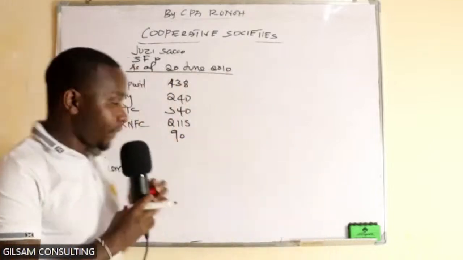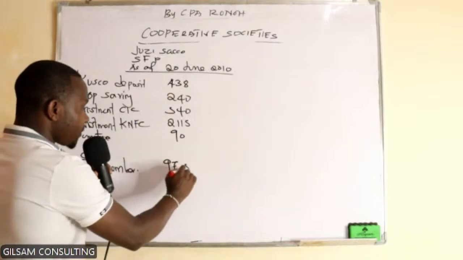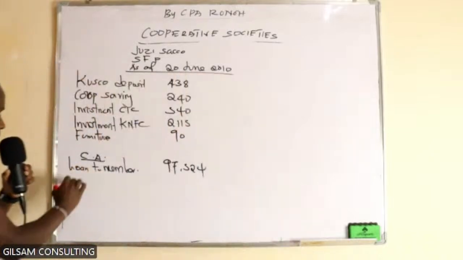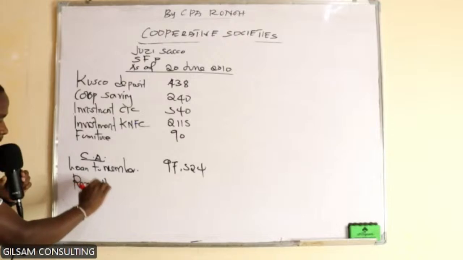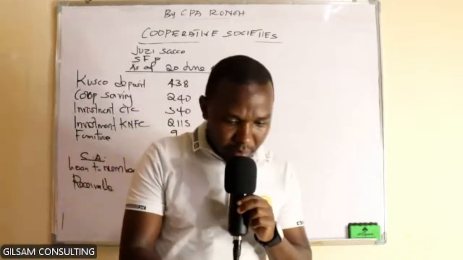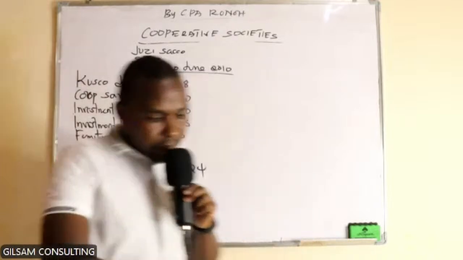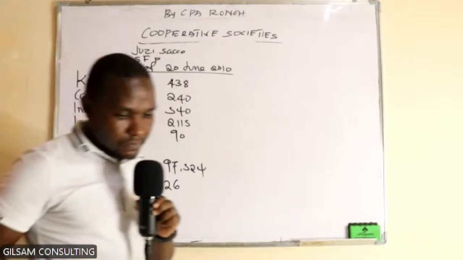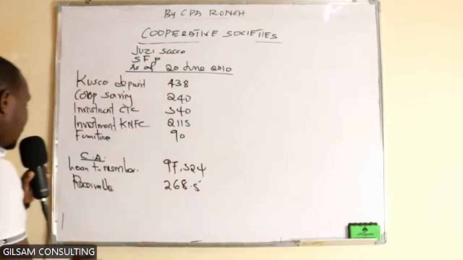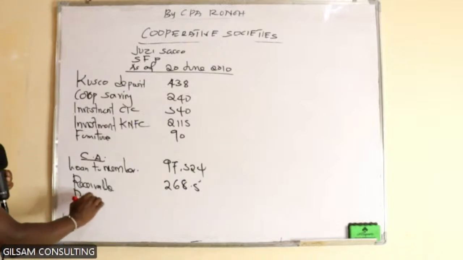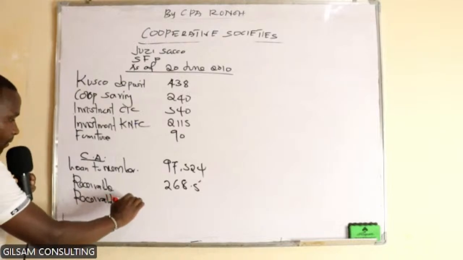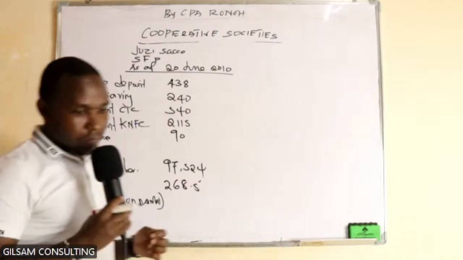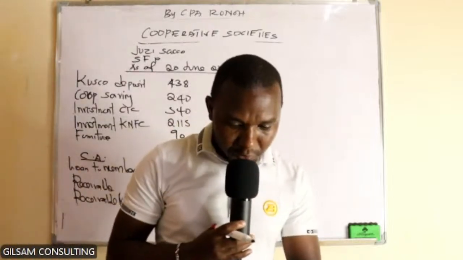597,524. And then receivables: we have receivables to members, 268.5. And then we have receivables for non-members, 2250.